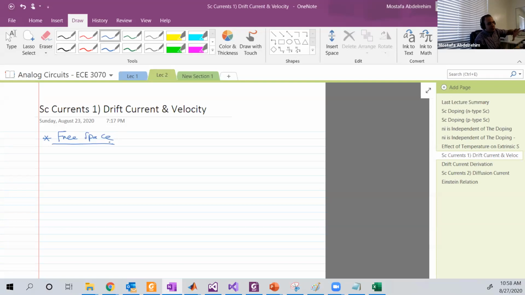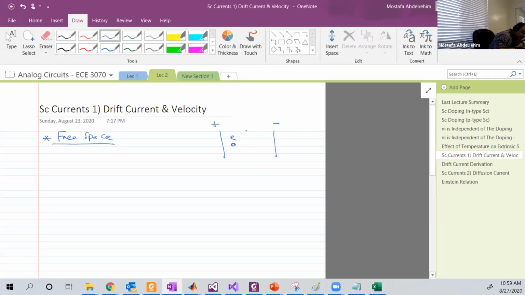Here we will be talking about an electron in free space: how the electron will behave if we apply a potential or voltage or electric field on that electron. So assume we have two plates like this. This has a positive voltage, this has a negative voltage, and we have an electron in between. This is just free space, so we have two plates with just a vacuum in between.